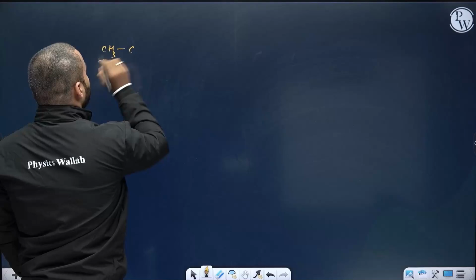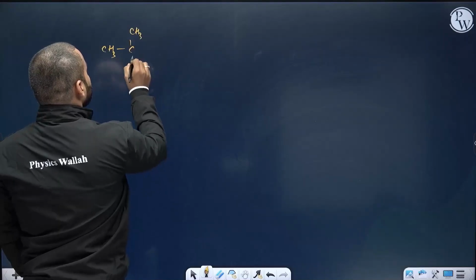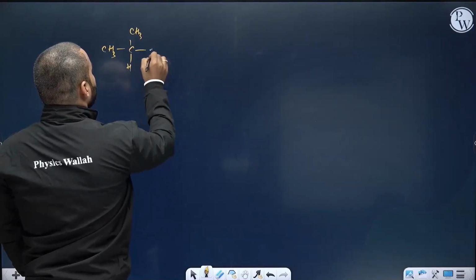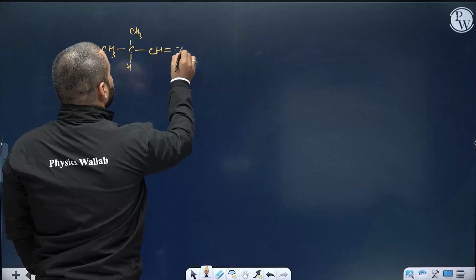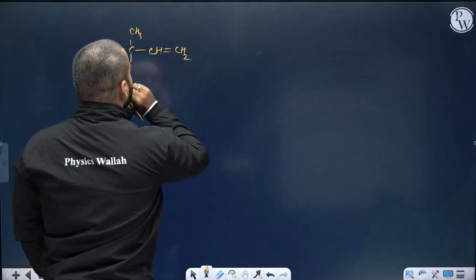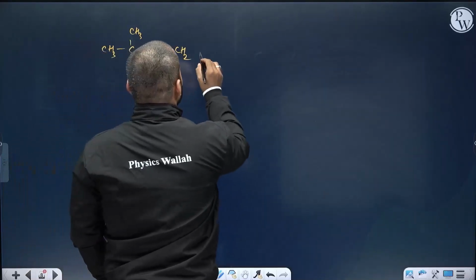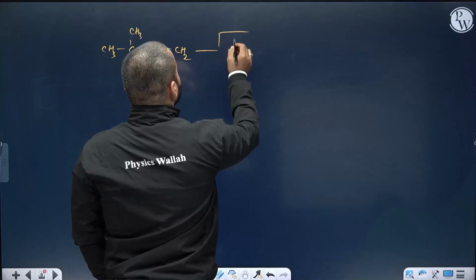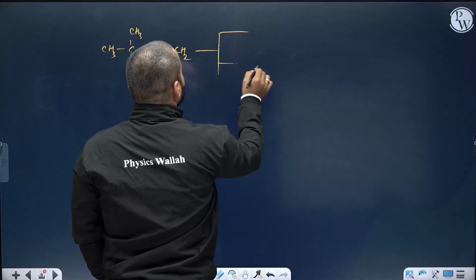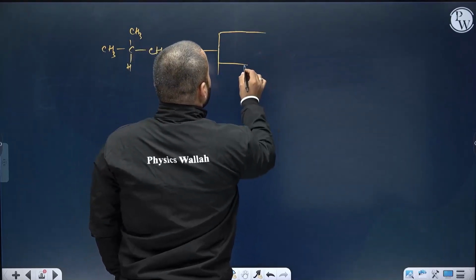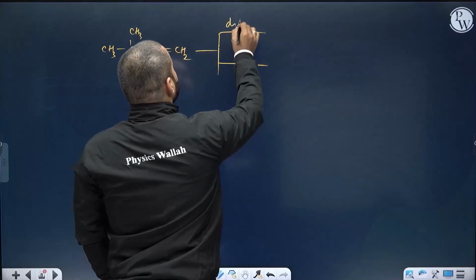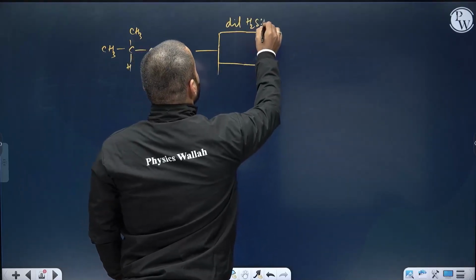Suppose I give you this molecule. Dilute H2SO4, reaction number 1.